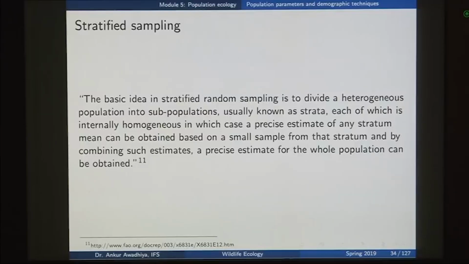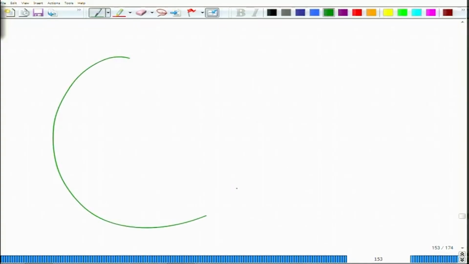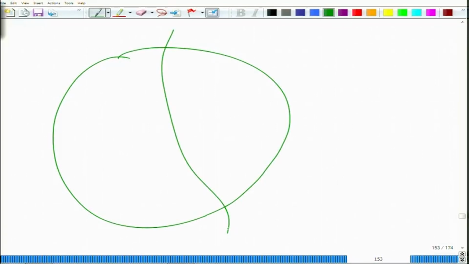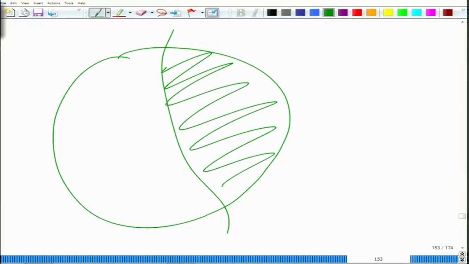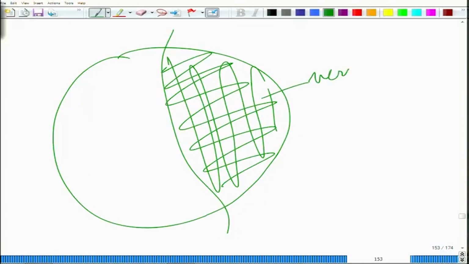Now, in this case, suppose this is our forest area and we know that this area has a very high population density, and this area has a low population density.